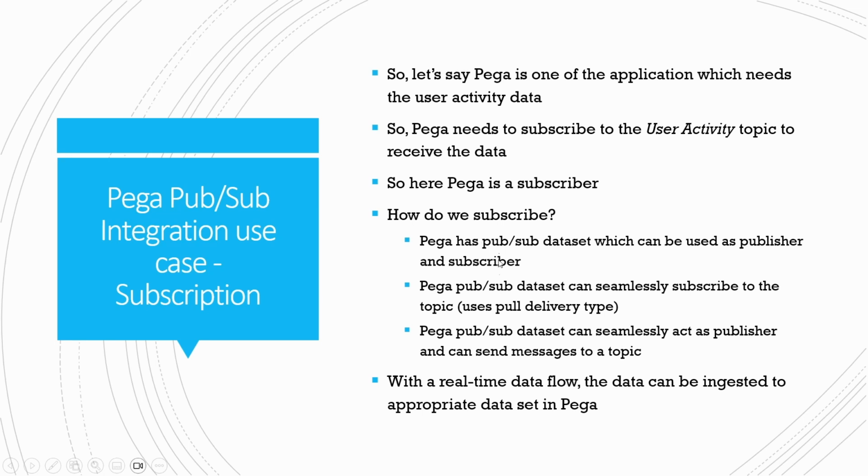Okay, now let us say we create a PubSub dataset and we subscribe to a particular topic. But we have to ingest the data into our Pega database table, right? So for that, we have to use a real-time data flow, so that the data can be ingested to the appropriate dataset inside Pega. I don't know if you have heard about real-time data flow.